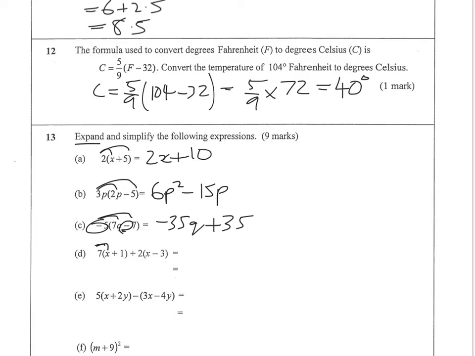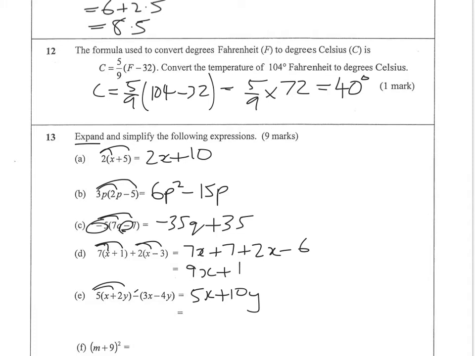2 brackets here, individually. We have 7x plus 7, and we have 2x minus 6. Now collect like terms. 7x plus 2x is 9x. 7 take away 6 is positive 1. 5 times x is 5x. 5 times 2y is 10y.